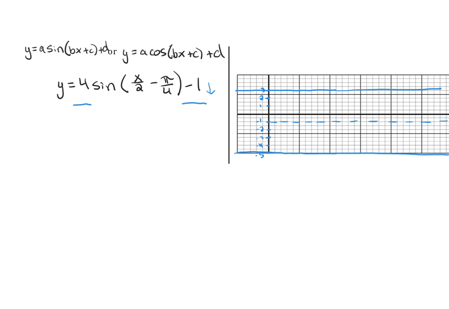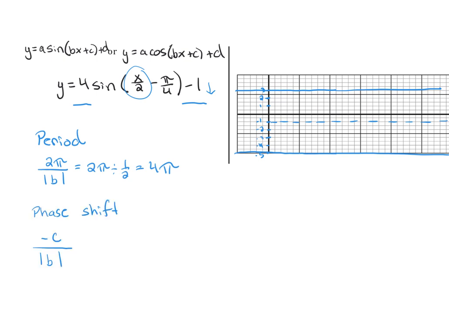Okay, so let's use all the information. We're going to need to find the period and the phase shift. So period is 2 pi divided by the absolute value of b. In this case, the b is 1/2. So 2 pi divided by 1/2 is the same as multiplying by 2. So it is 4 pi.